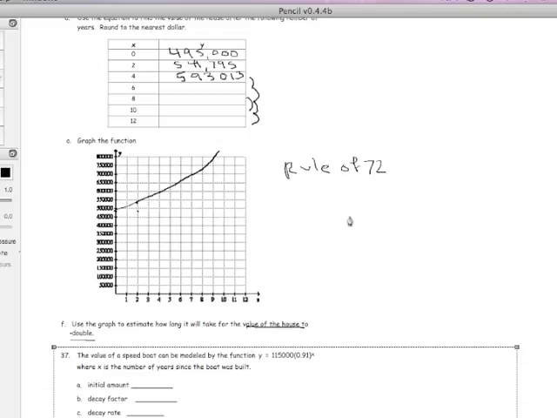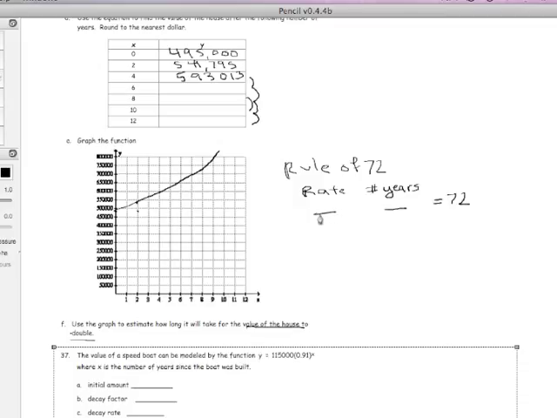The rule of 72 says that if you have a rate per time period and the number of those time periods, then if the rate times the number of years equals 72, you will have your value double.